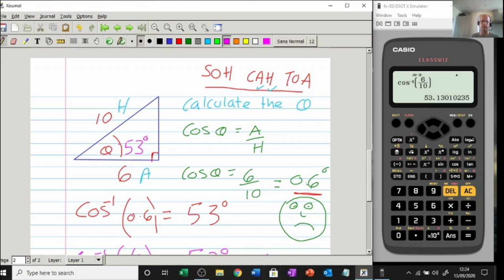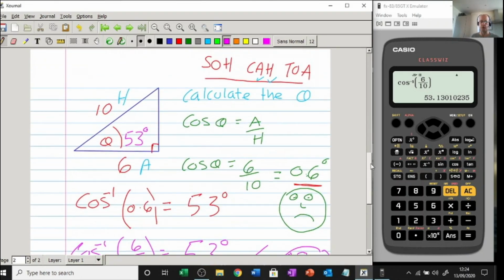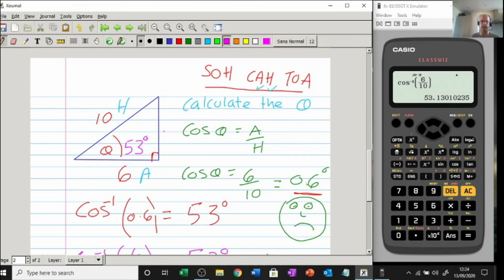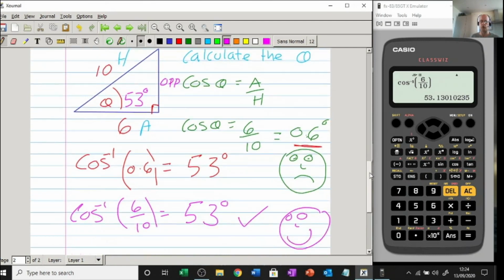Don't forget we've got all that as well. So 53, and then that line up to 10. If you drew the triangle, the lengths would work out. If you wanted to, you could work out what this side here is, this opposite. You could use Pythagoras, or you could use SOHCAHTOA, but we're just working out angles in this one. So that's using cos.